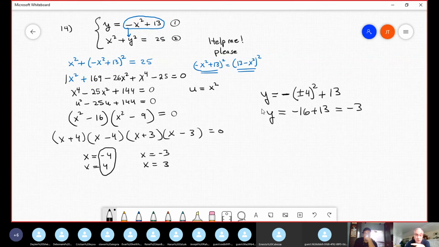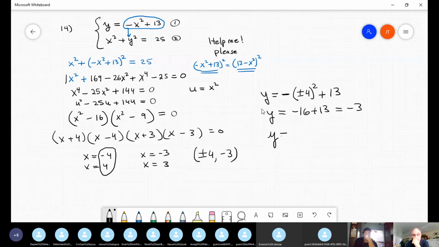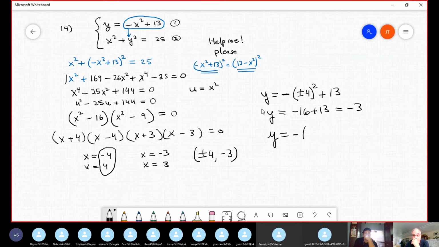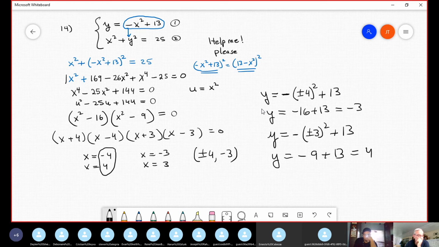But actually, we have 2 points, plus or minus 4 corresponding with the minus 3. And plus or minus 3 squared is 9, minus 9 plus 13 is positive 4. It's positive 4, right?